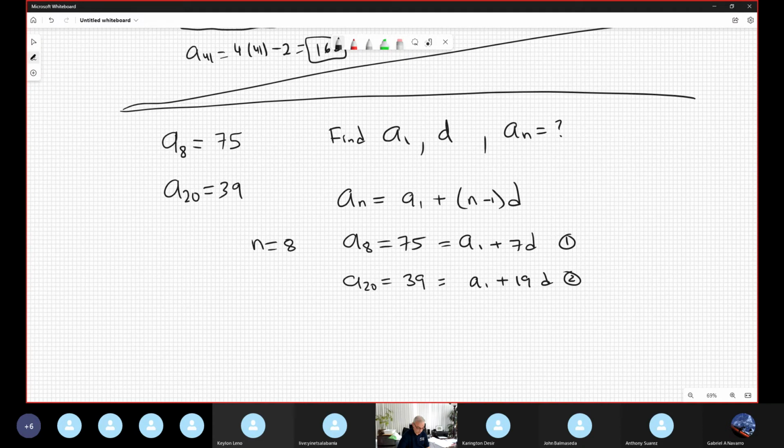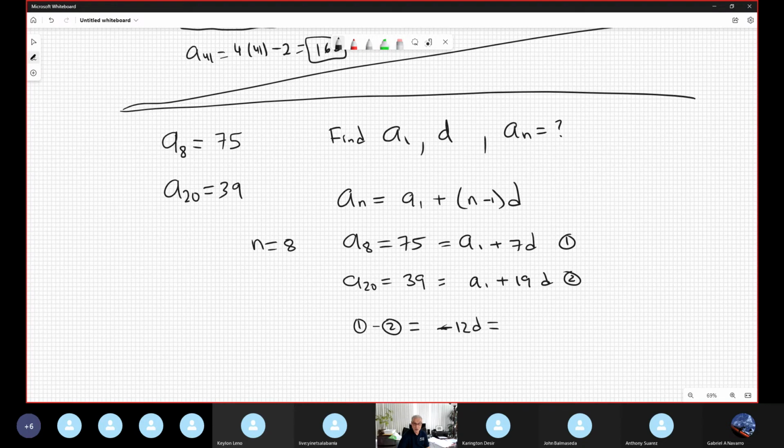In this case, you subtract equation 1 minus equation 2. A1 is cancelled out, and this is minus 12d, because 7 minus 19 is minus 12, times d.